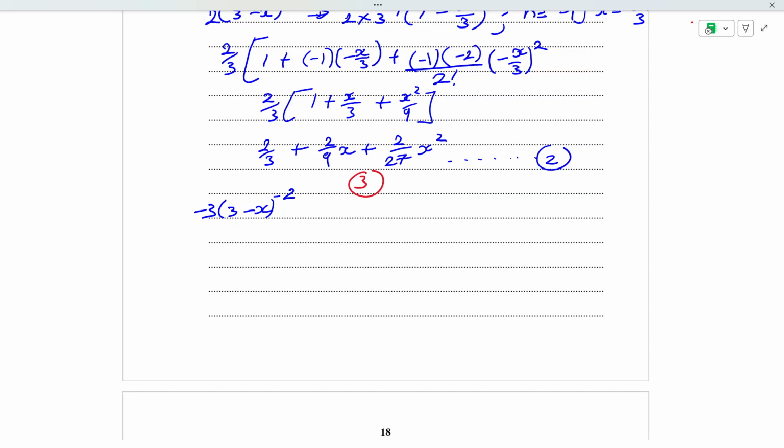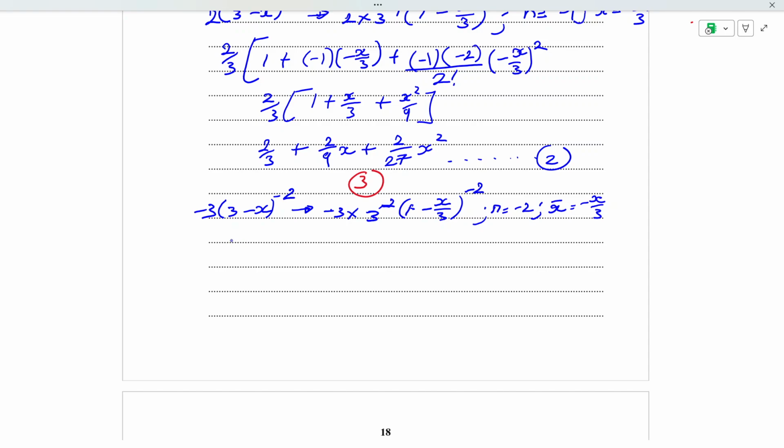You factor out the 3 to the negative 2, multiplied by 1 minus x over 3 to the negative 2. Thus we have our n is negative 2, and our x bar is negative x over 3. Then we carry out the expansion.